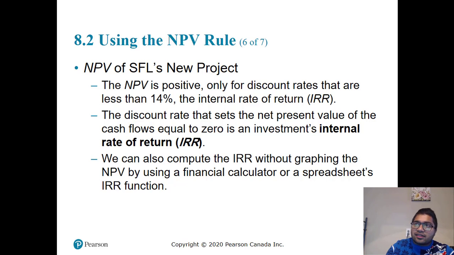Any financing rate less than the internal rate of return, you should accept the project. The discount rate that sets the net present value of cash flows equal to 0 is called the investment's internal rate of return. We can also compute the IRR without graphing the NPV by using a financial calculator or the spreadsheet IRR function.